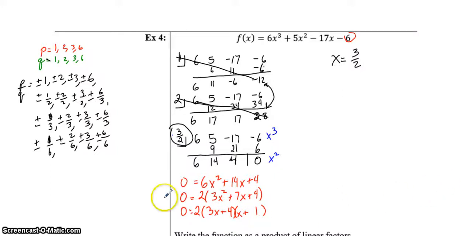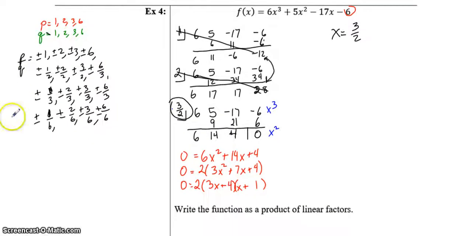And let's check the outside and inside middle terms. 3x plus 4x is 7x. So now, can 2 equal 0? Nope. So the next one said 3x plus 4 equal to 0. You get x is negative 4/3. And for this one, negative 1.